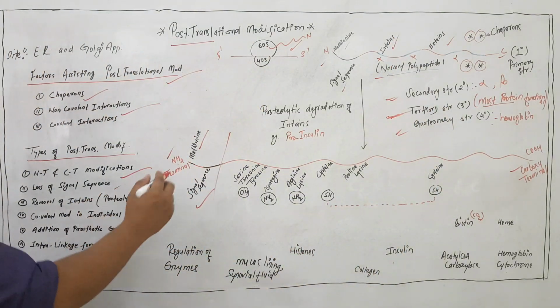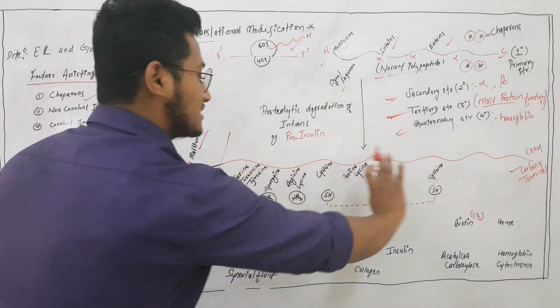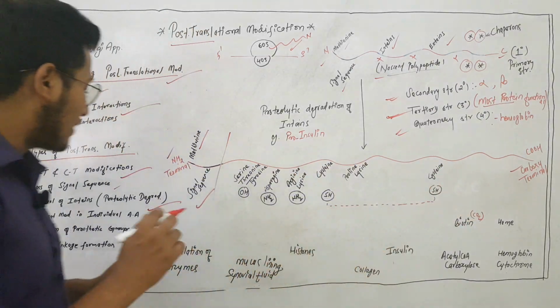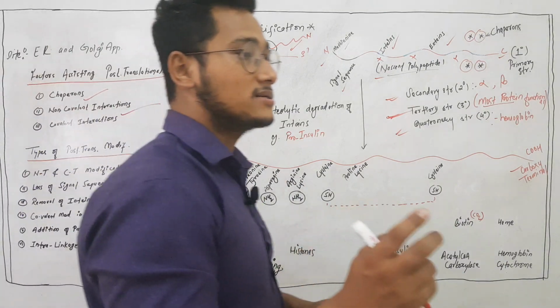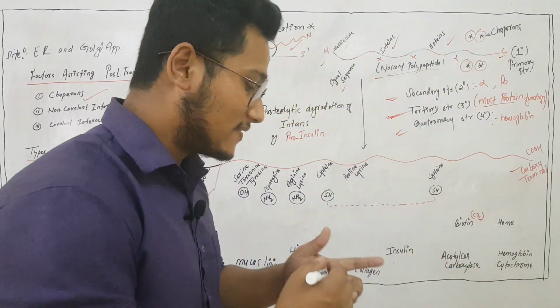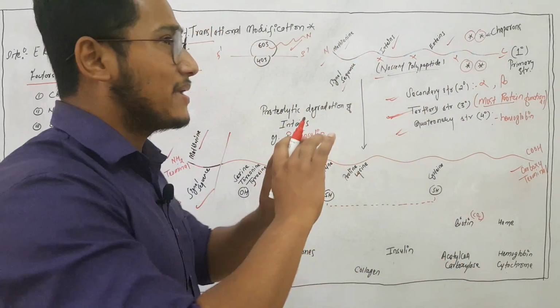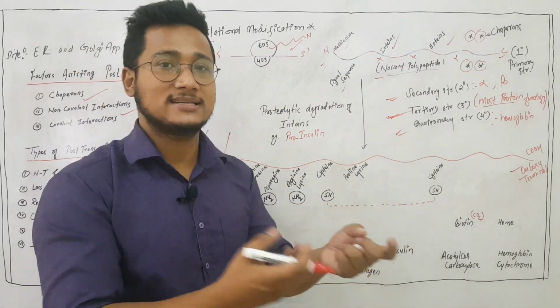Now, like I said, removal of inteins by proteolytic degradation has removed all of it. And I would like to add that when we say proteolytic degradation, degradation occurs by the help of peptidase enzymes, and based on where they act, they can be classified as endopeptidase and exopeptidase.